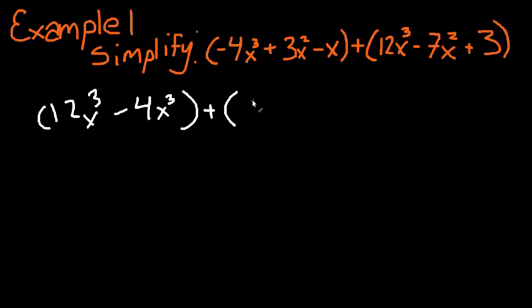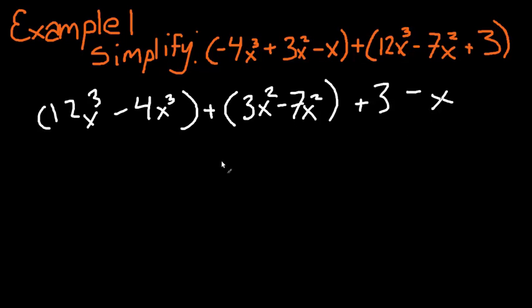So, do another set of parentheses, 3x squared. You can see we have a negative 7x squared over on the right. So, those are grouped together. And what we have left is this 3 over here and this negative x on the left. So I'm just going to go ahead and stick those there on the end. We'll worry about that a little bit later, once we've got these guys taken care of.